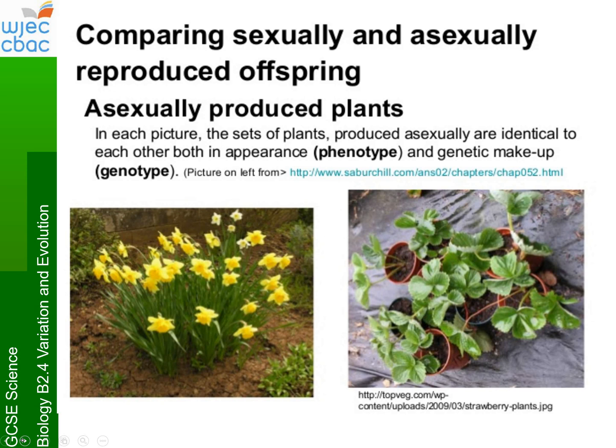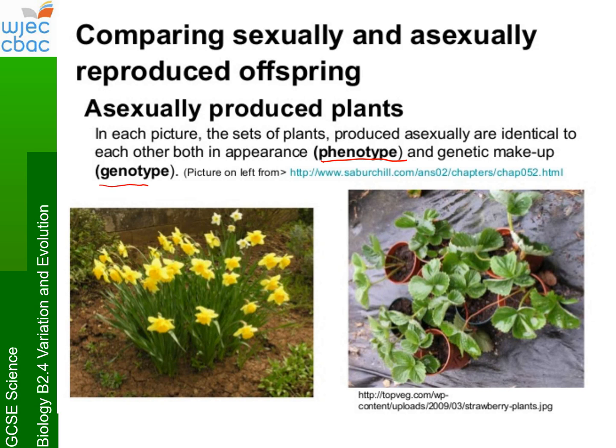Okay, so first thing we're going to do is to look at comparing sexually and asexually reproduced offspring. Okay, so in each picture, the set of plants produced asexually are identical to each other in their appearance, their phenotype, and their genetic makeup, their genotype.